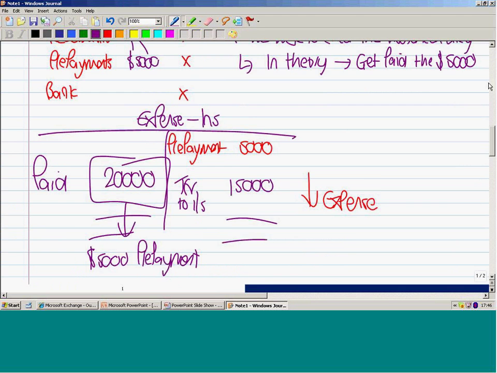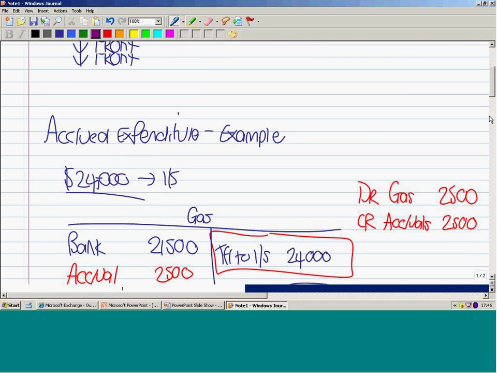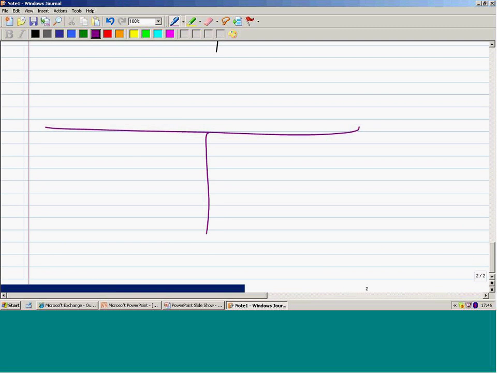Okay, so let's have a look then at the accrual example, what we did up here. We had the accrual of 2,500 for gas. So exactly the same principle here.